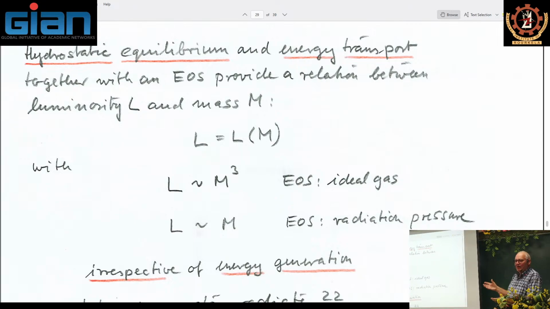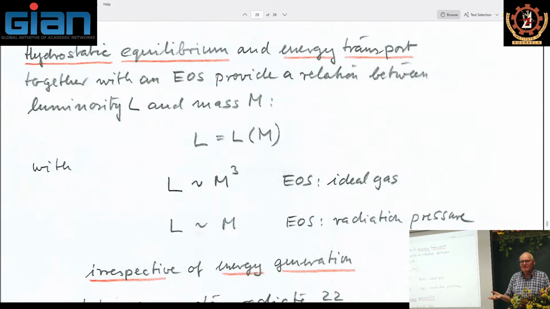Well, if the star has to radiate at a certain rate, then it has to look where to get this energy from. It has to see which energy sources are available to satisfy the prescribed luminosity. Luminosity is prescribed, and the star has to find energy sources to fill in this luminosity at which it has to radiate.